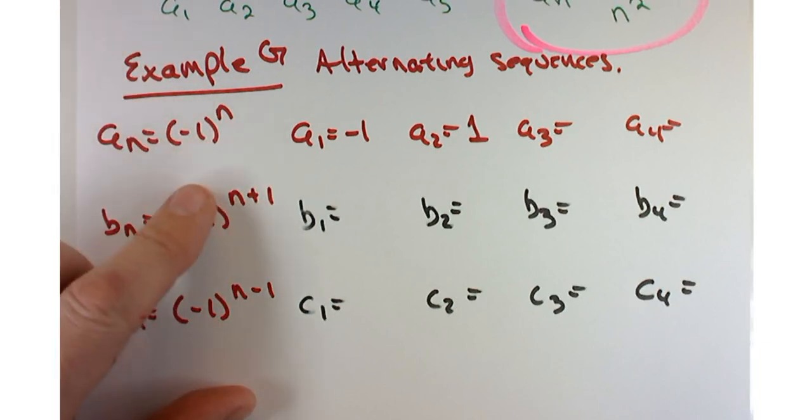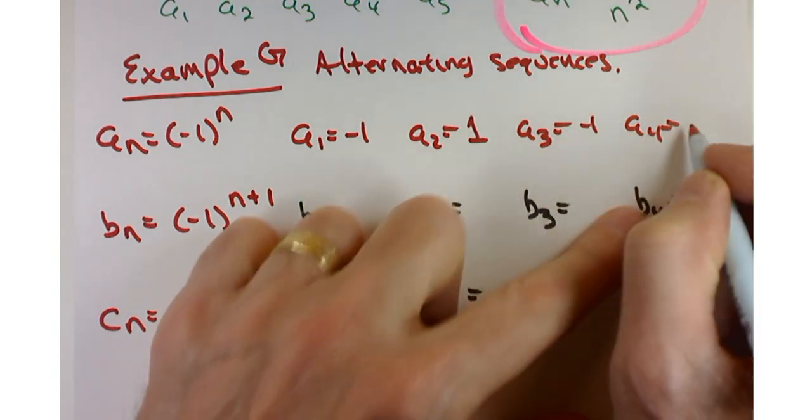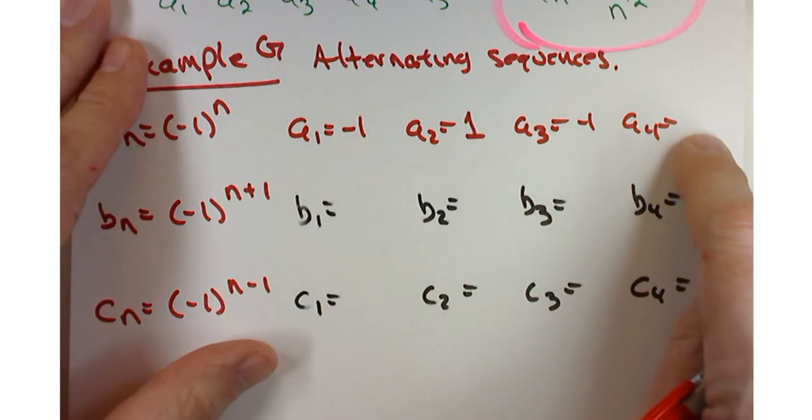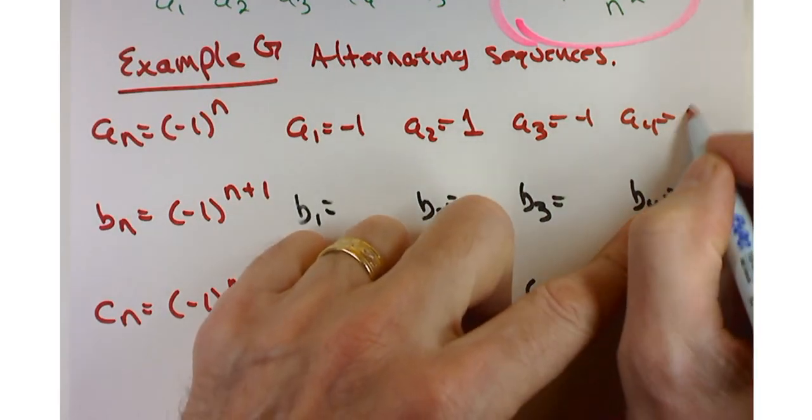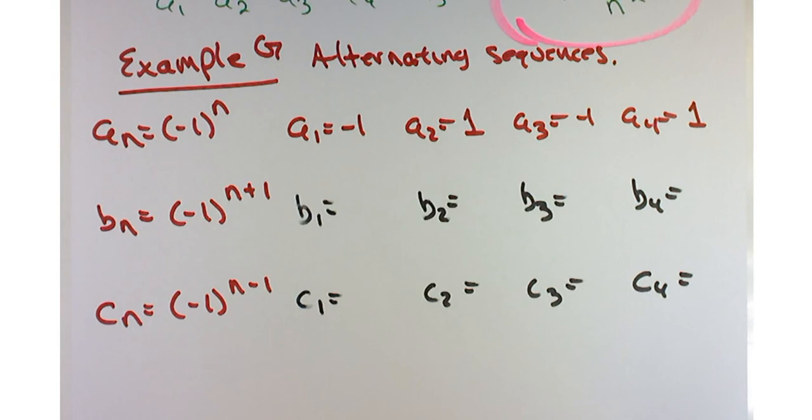What happens when I cube -1? It's going to be negative again. So what's the overall pattern here? It's going to be negative, positive, negative, positive. Look through at the other two and see what patterns you get for those.